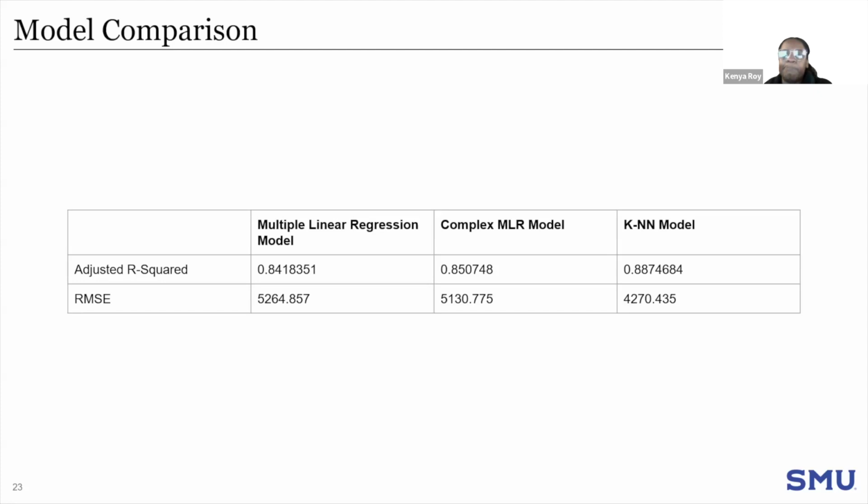And reasons why the KNN model outperformed, I can say definitely that the KNN model is less influenced by multicollinearity. With this data set, we had a lot of variables that were highly correlated, and those variables definitely influence what our models look like.